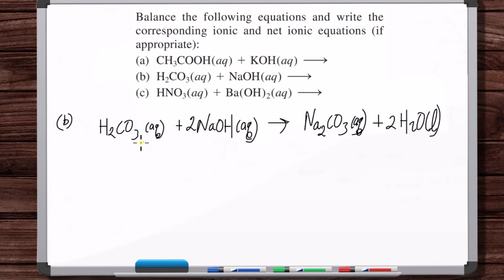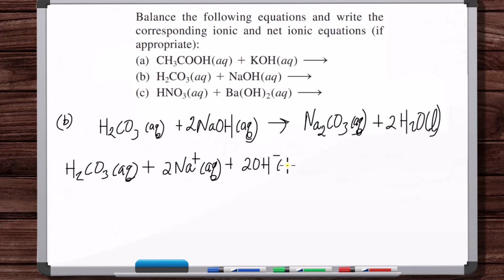Now the ionic equation. So, okay, this is a weak acid, so we leave this as a compound. Okay, this is a soluble ionic compound, so it's a strong electrolyte. So you've got 2 Na plus and okay, this is an ionic compound. That's aqueous.